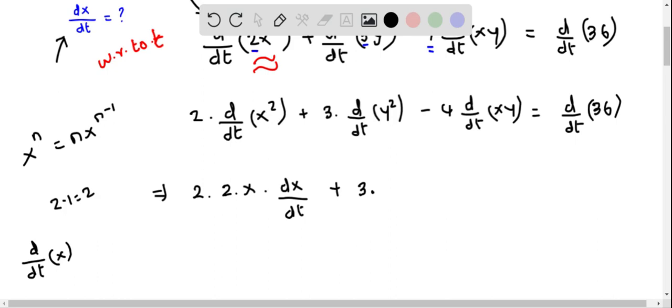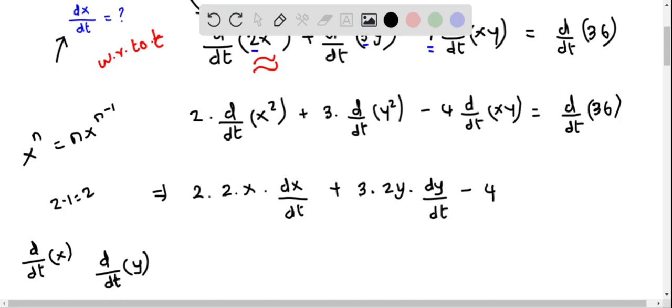We have 3 times, once again applying the power rule to find the derivative of y squared, I get 2y raised to the power of 2 minus 1, so it is once again y, and then I apply the chain rule, so the derivative of y with respect to time is dy by dt.